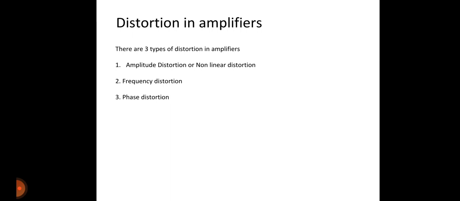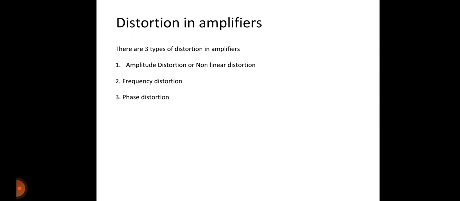Distortion in amplifiers: practically, three distortions occur in any type of amplifier: amplitude distortion, also known as nonlinear distortion, frequency distortion and phase distortion. Generally the output waveform is not an exact replica of the input signal waveform because of various types of distortion that may arise either from the nonlinearity of the characteristics or from the influence of the associated circuit.